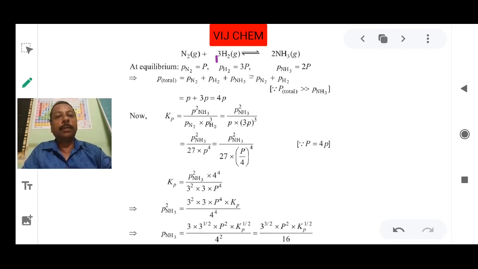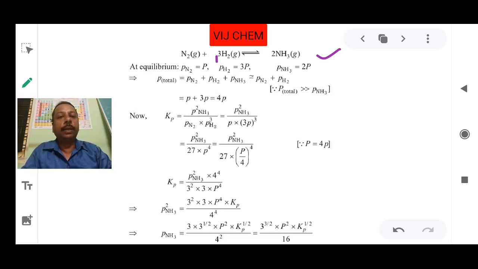At equilibrium, partial pressure of NH3 is going to be 2P. So P total is P plus 3P is equal to 4P. As in the question it is given, P total is very high when compared to PNH3. So that is what we have compared.